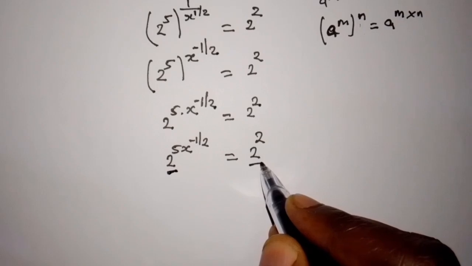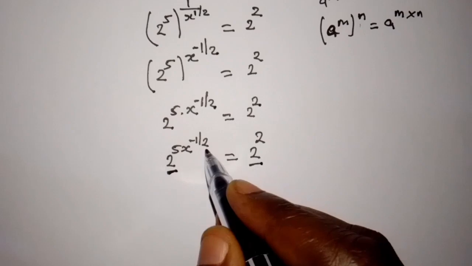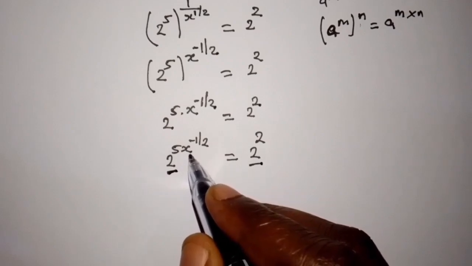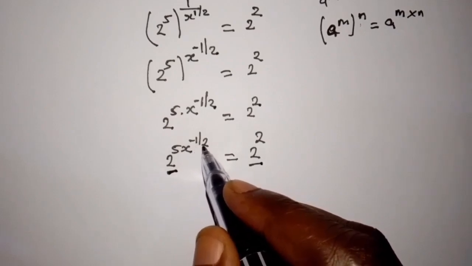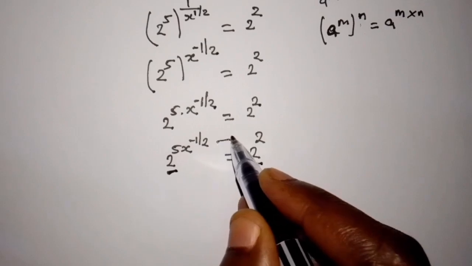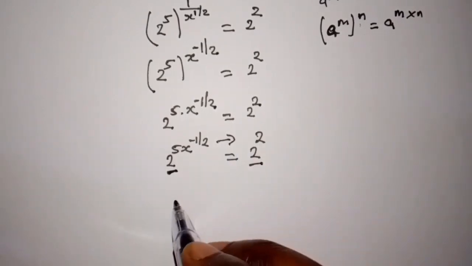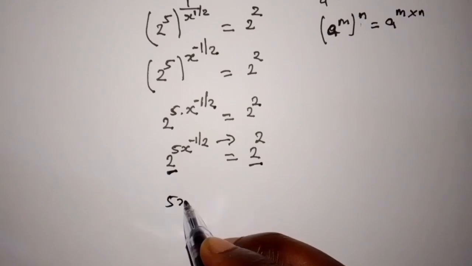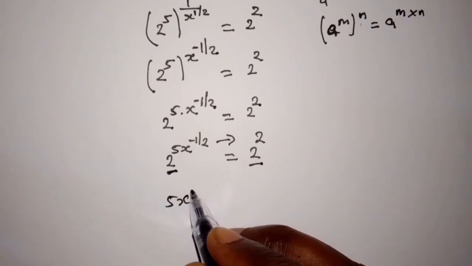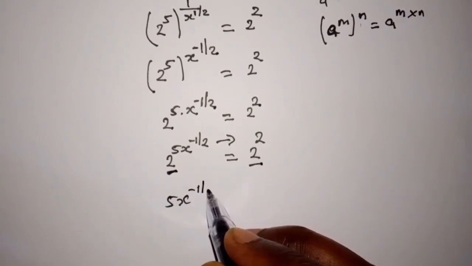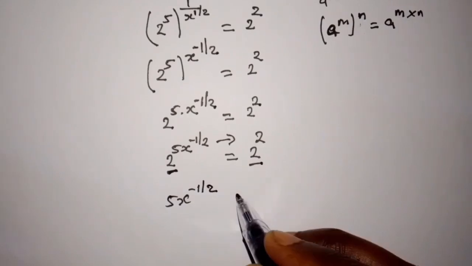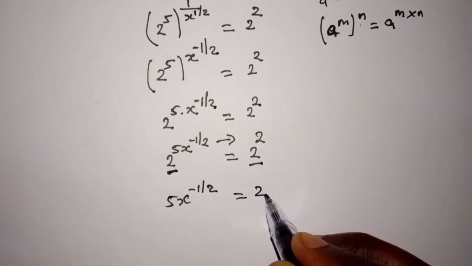This implies that we can equate the exponents. 5x power negative 1 over 2, we can equate to 2. So we can say that 5x power negative 1 over 2 is equal to 2.